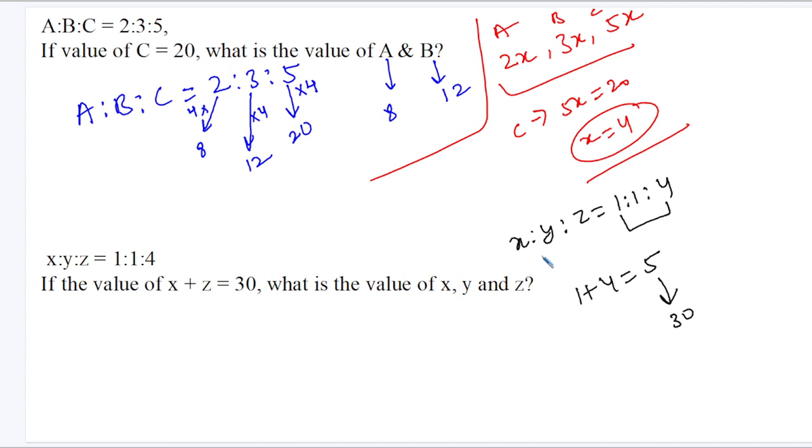So 5 is to be multiplied with what to get 30? That's 6. So I'll get the value of x as 1 times 6, y as 1 times 6, and z as 4 times 6. So x is equal to 6, y is equal to 6, and z is equal to 24.